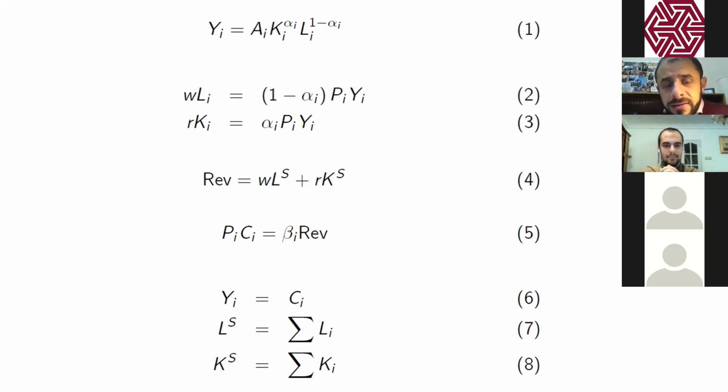This means that, for instance, equation number 1, we will read it once for the agricultural sector and once for the industrial sector. And then all the equations where we have an index I means that this equation will be counted twice because now we're having 2 sectors. Okay?